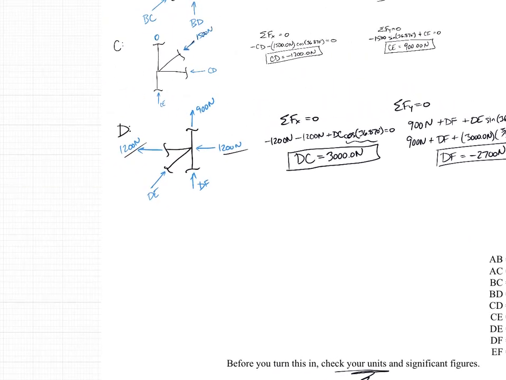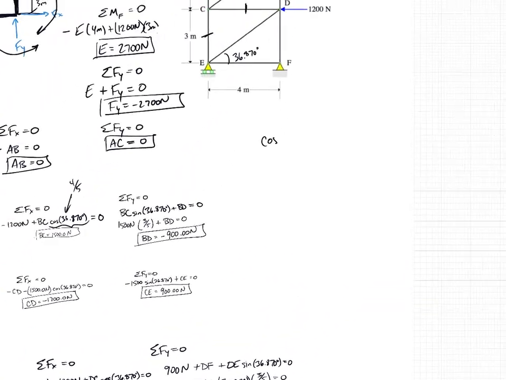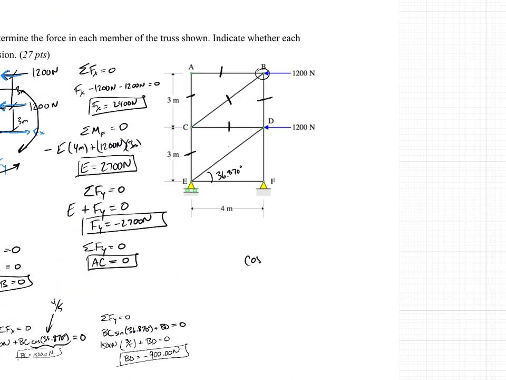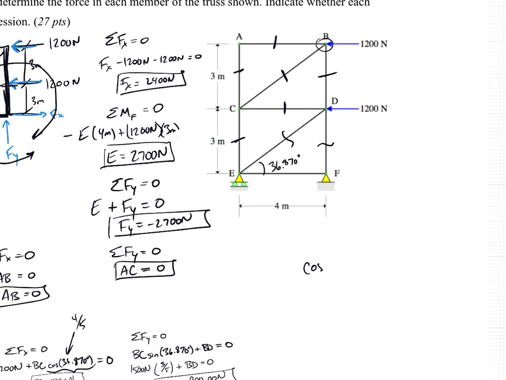All right, so I just have to get EF. Let's see, I now know DE and I know DF. I need EF. I can get EF at either location, at E or at F, and then I'll use the other location just for checking.